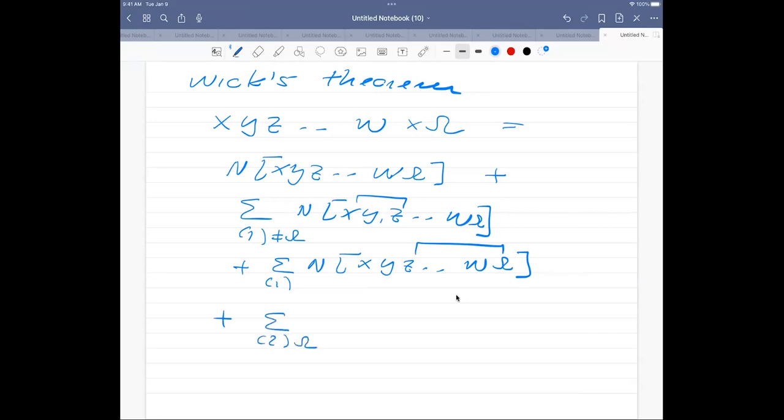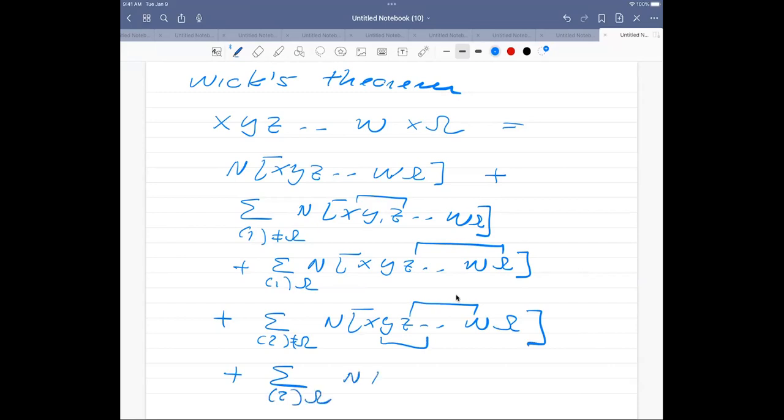We have one which excludes omega. So we have N of x, y, z, of w. So we have the set of two contractions not involving omega. And then we continue, and then we have including omega. So we have now a set of contractions here where one of them includes omega as well. And we can continue this way till the final ones.